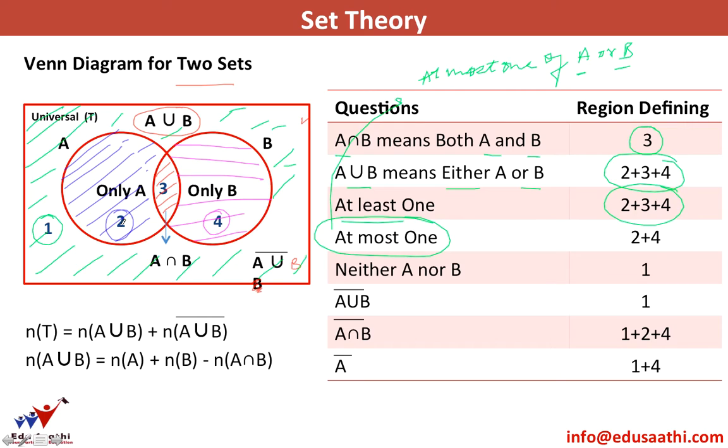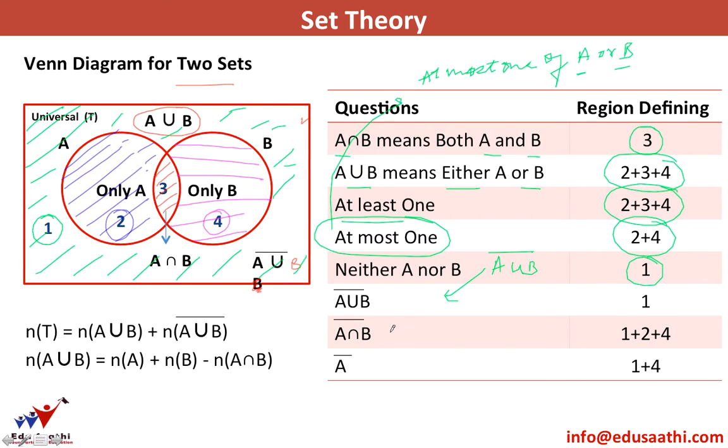I have this 2 which is only A, plus this region 4 which is only B. So I have 2 plus 4. Make sure you have a good visual understanding of sets, because we'll be using these diagrams at a later stage. Neither A nor B, this means nothing but A union B complement, as I mentioned here. So this is represented by the region 1, these outer green lines.